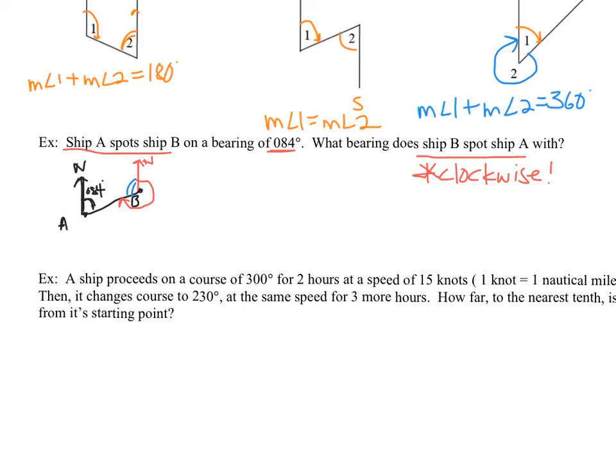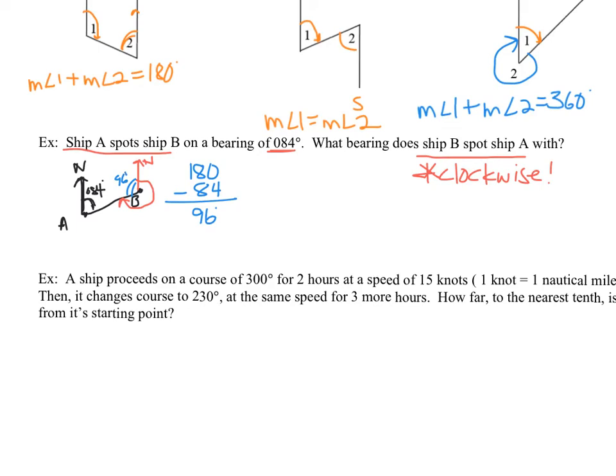If you look straight up above, notice the angle in blue that we still need and that 84 are both on the inside of the parallel lines, which means they should add up to 180. Therefore, if we take 180 and subtract out that 84, the measure of that blue angle in the picture is 96 degrees. So we could label that. We don't have to put the 0 with that one.